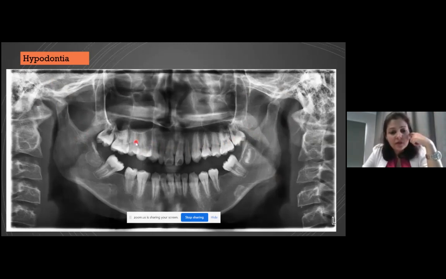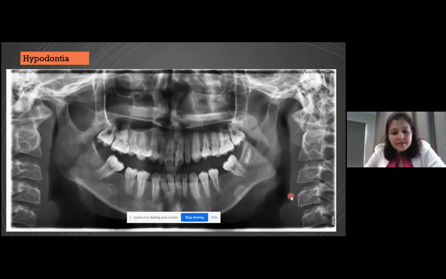When you come to the mandible, you will notice that this is a developing tooth bud of probably a third molar or maybe a second molar, and then you will notice that there is some spacing here, right? So this patient has the first molars, or maybe the second molars, missing, and this is the third molar already.